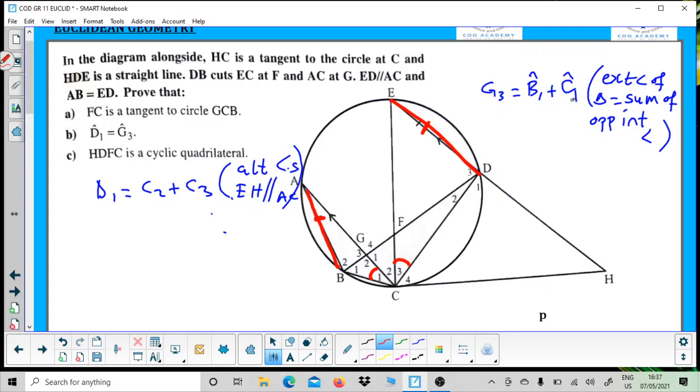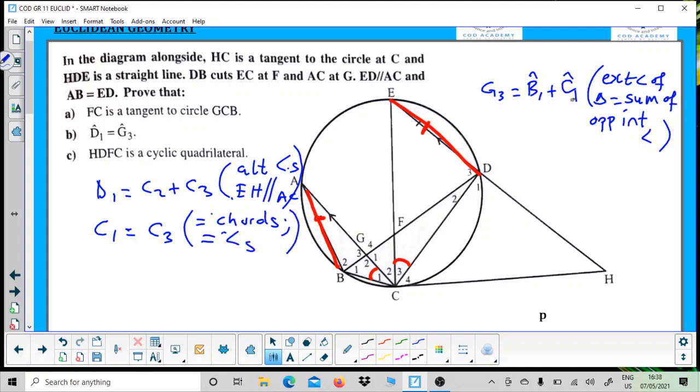So these two angles, what do we know about them? C1 is equal to C3. Why am I so sure? Equal chords subtend equal angles. This is the short reason.